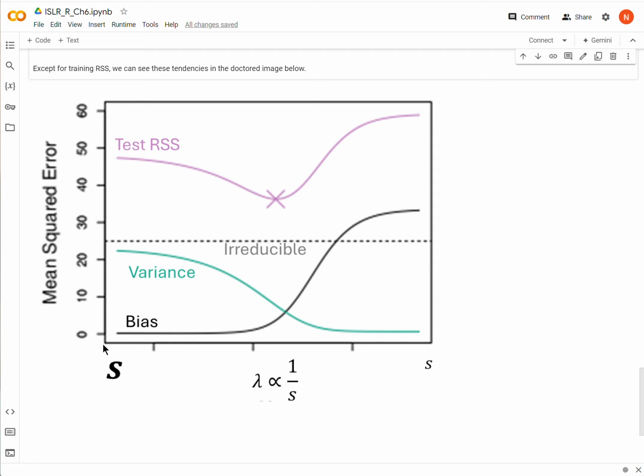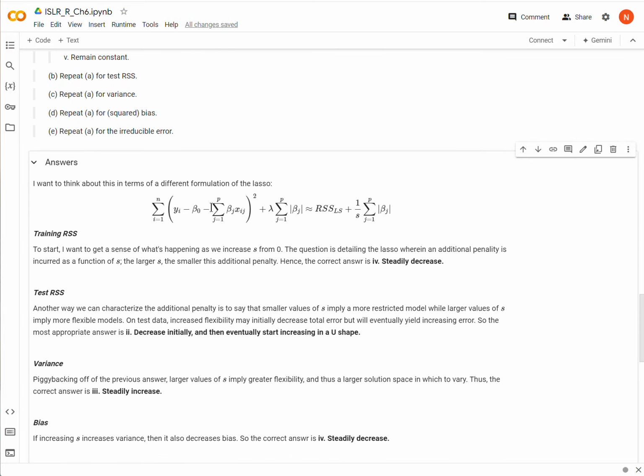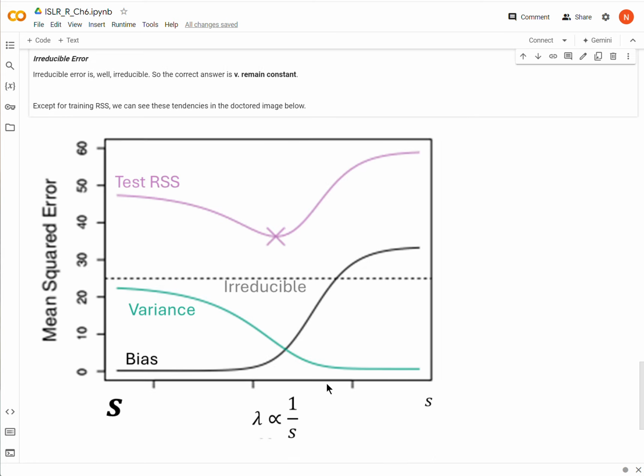Going from left to right, you get bigger and bigger values of lambda. Like I said, lambda is kind of equal to, here I'm saying it's proportional to, but even that's not correct, but they are similar. For every lambda, there is an s whereby we can make this kind of equation.